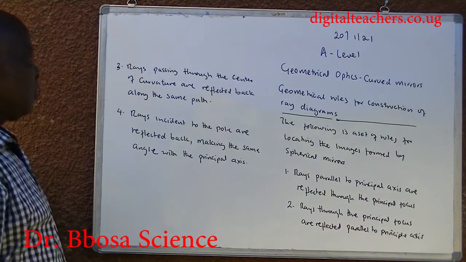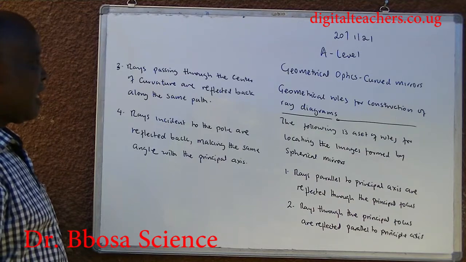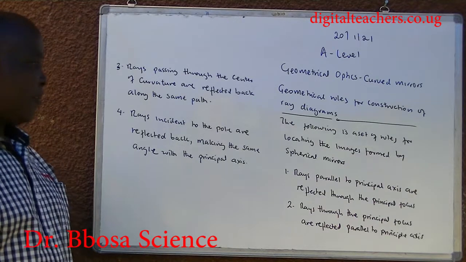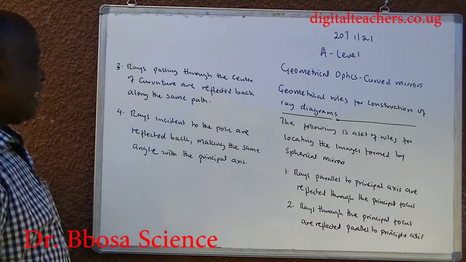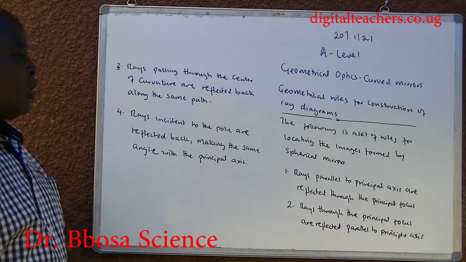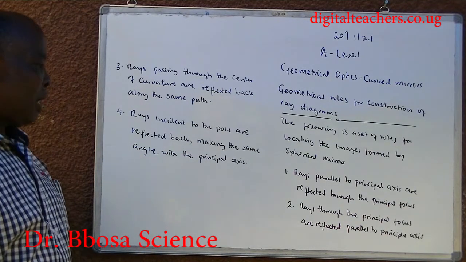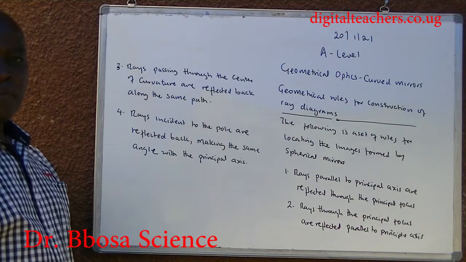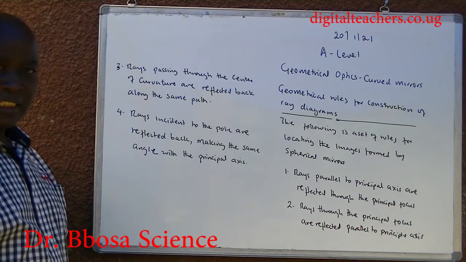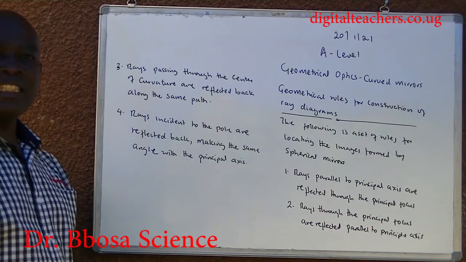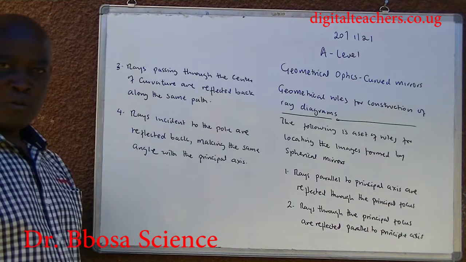Rays passing through the center of curvature are reflected back along the same path. 4. Rays incident at the pole are reflected back, making the same angle with the principal axis. For these rays, the principal axis is the normal.